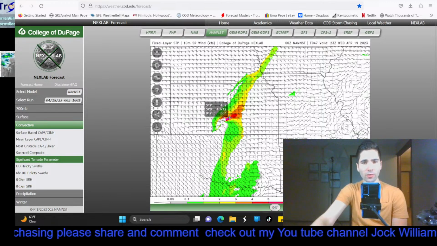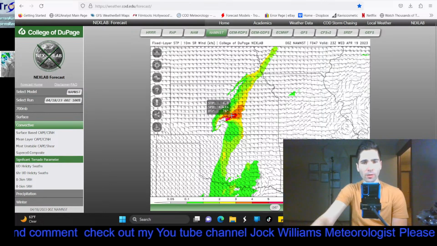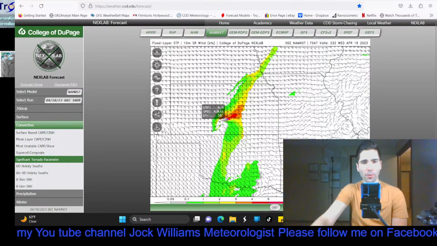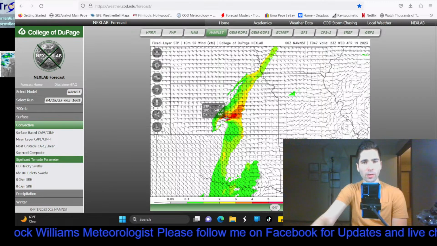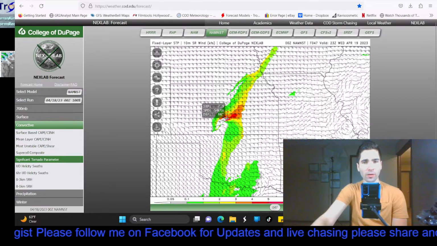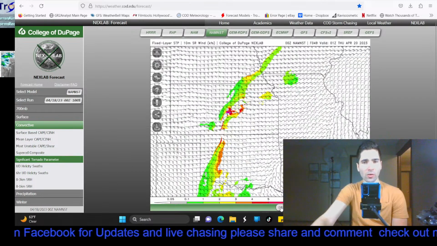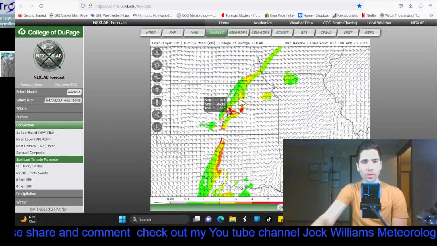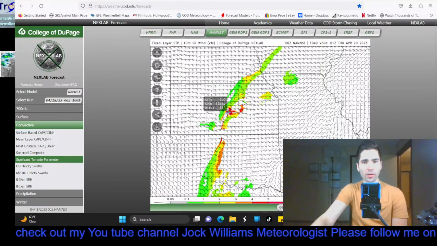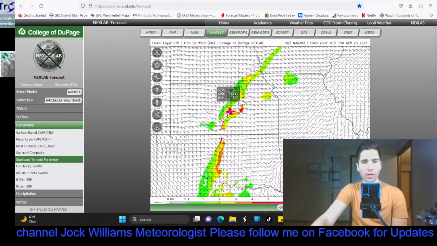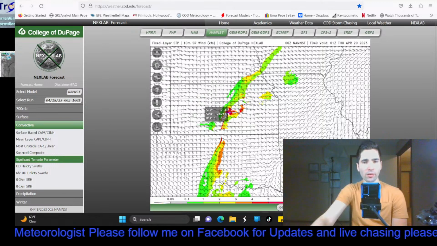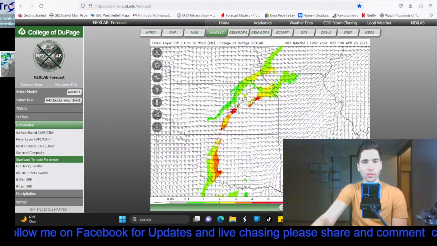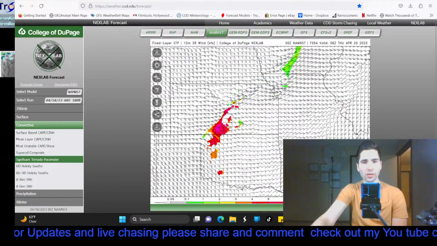Generally, right on that triple point, tornado parameters do shoot up pretty significantly. But it is going to be generally from about 4:30 to 7 o'clock. Generally in that area from the Salina, Kansas area down to the Wichita, Kansas area is looking pretty decent.